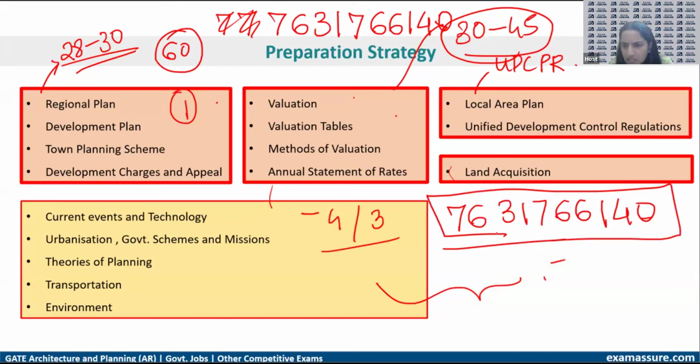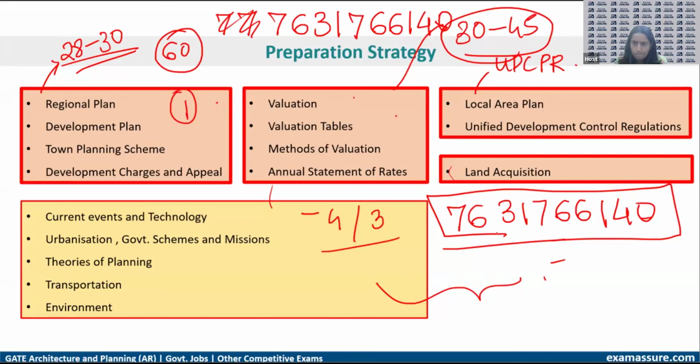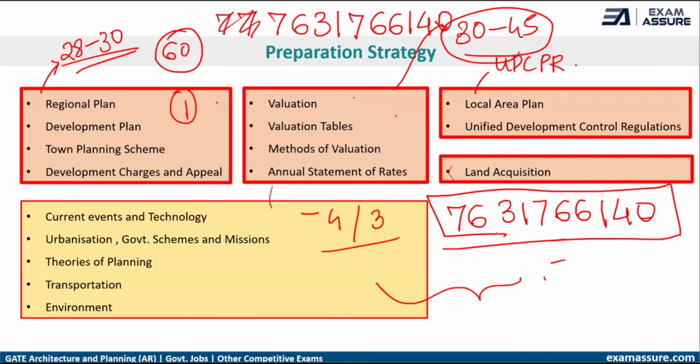Ma'am, I'm from facility and service planning. I'm eligible for this? Sorry, I didn't understand, Bhargav. Can you just unmute and talk? Actually, I graduated from facilities and service planning. Can I be eligible for this course? It is related to planning, no? I am related to building services planning.